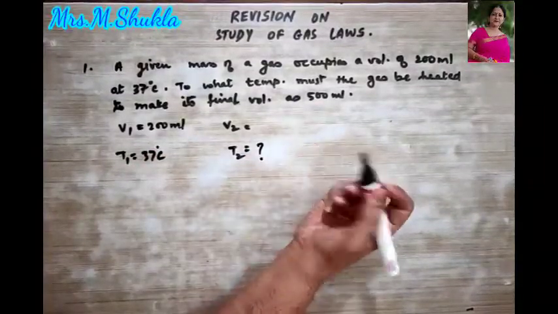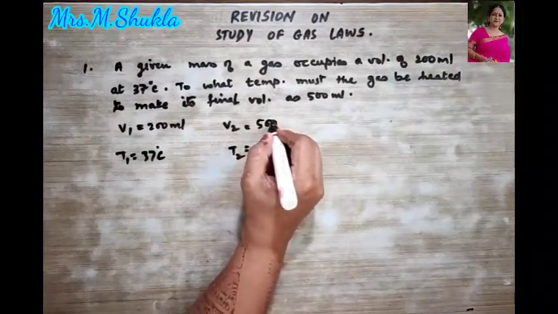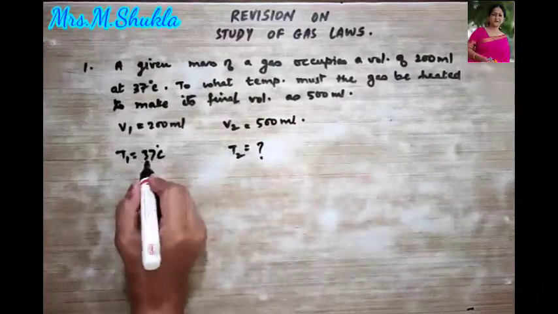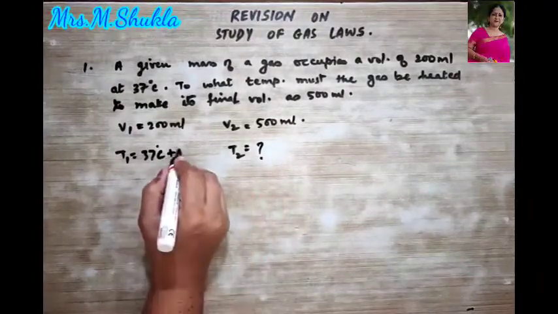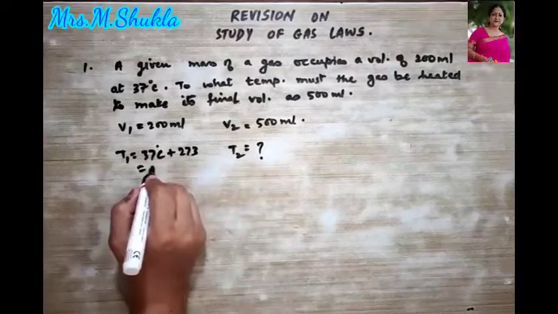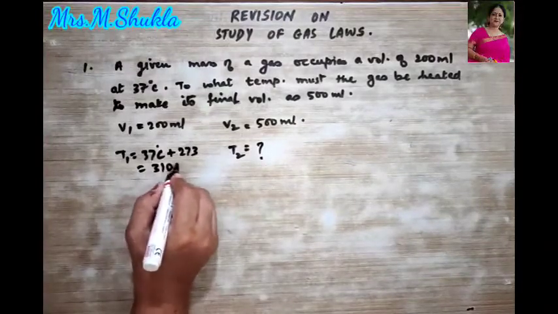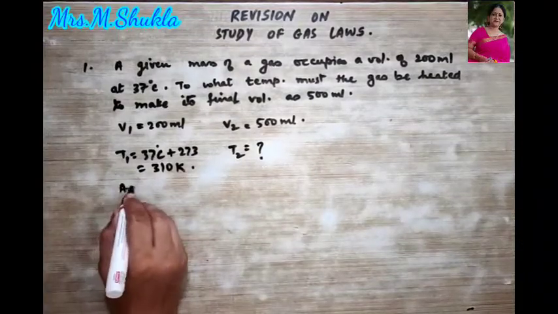Now over here temperature, as I told you, has to be in Kelvin. So add 273. When you add 273, it becomes 310 Kelvin.